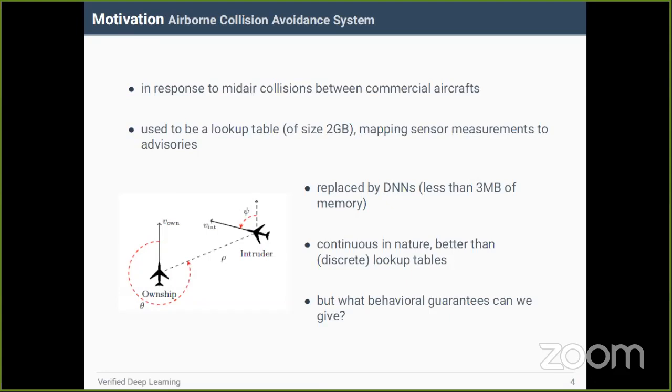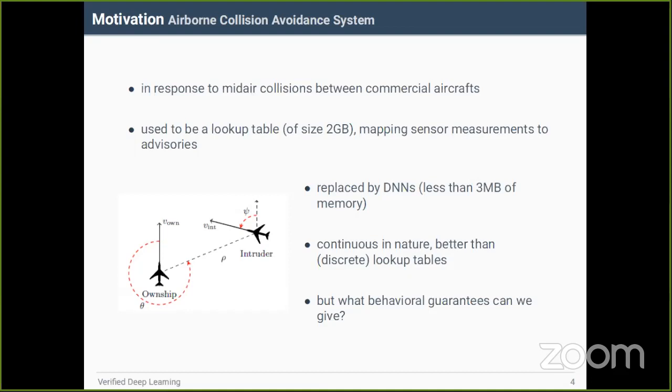And then there are a bunch of parameters, or sensors, if you will. There are things like the velocity or the speed of your own aircraft, the speed of the intruder aircraft. And then there are the angles of approach, and what angles these things make. And the distance rho, as you can see, is the distance between these two aircraft.